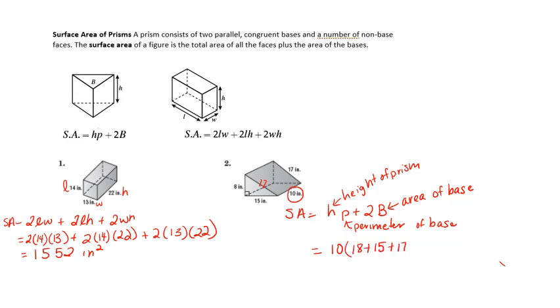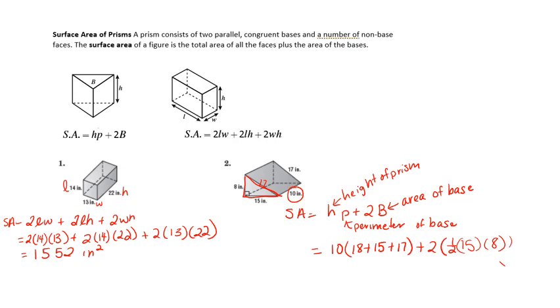So that's the perimeter of this triangle, which is our base. Plus 2 times the area of the base, and our base is a triangle, so 1/2 base times height. The base of our triangle is 15, and the height is 8.